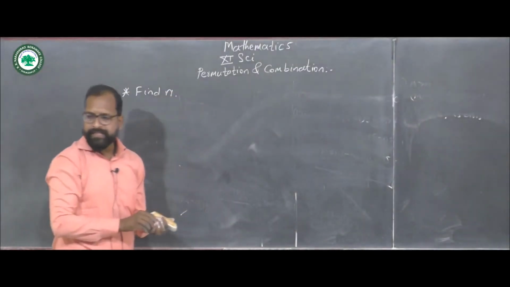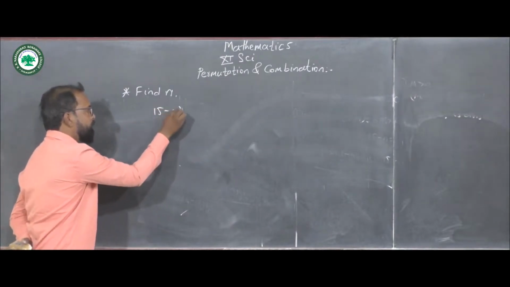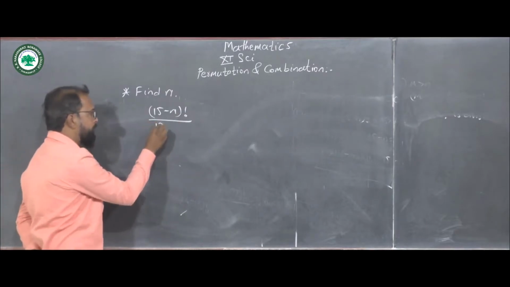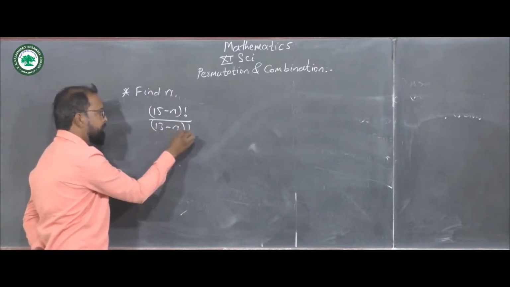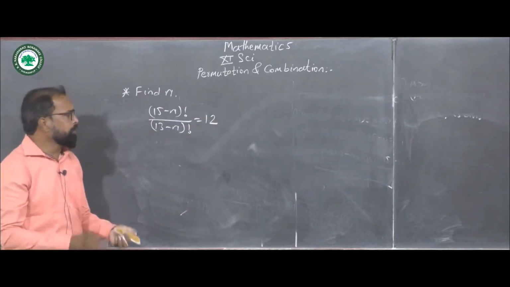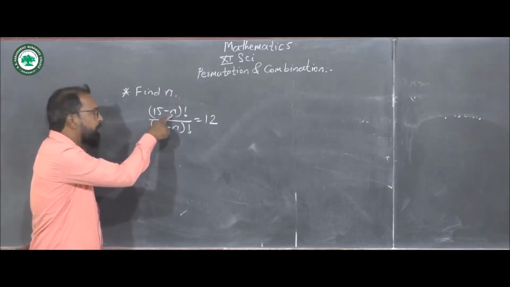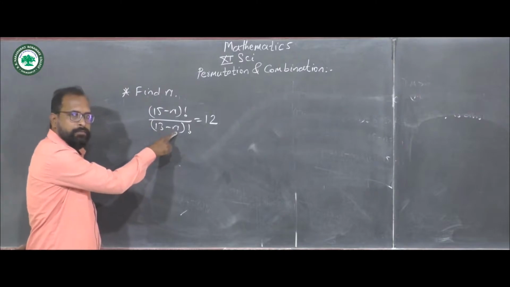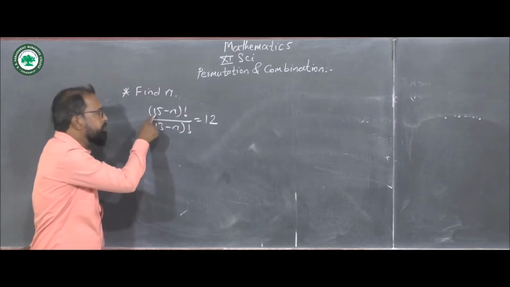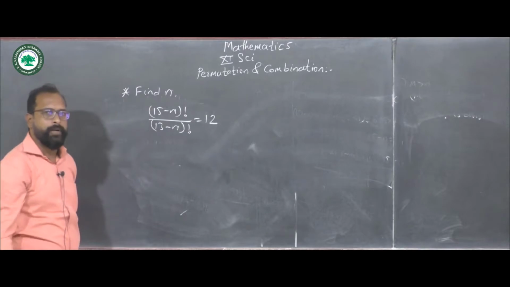Now we consider one more example of the same type. The next example is 15 minus n factorial divided by 13 minus n factorial equals 12. To solve this, again, 15 minus n factorial is the larger one, greater than 13 minus n factorial. So convert this 15 minus n factorial in terms of 13 minus n factorial.